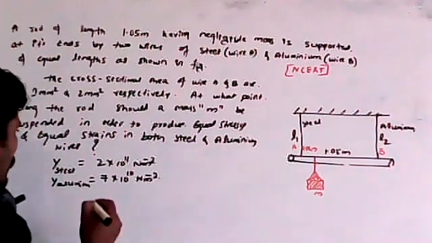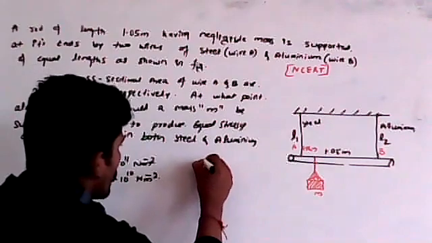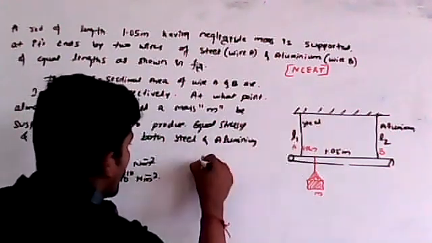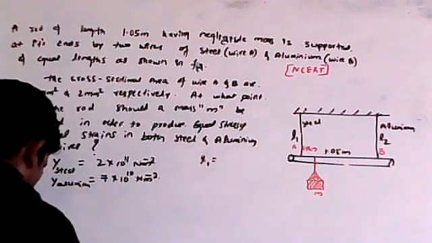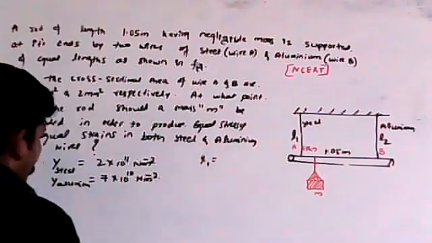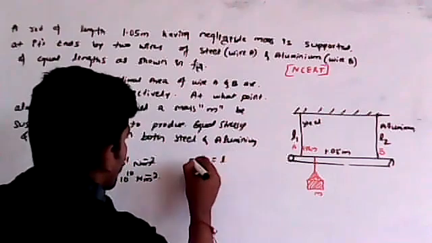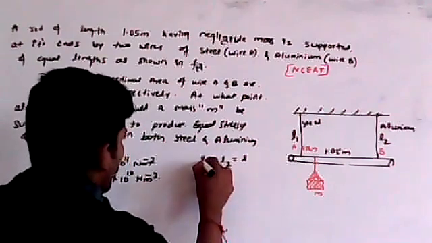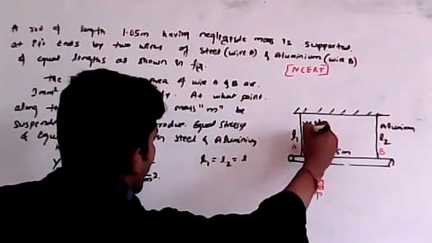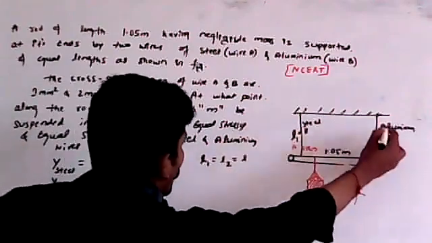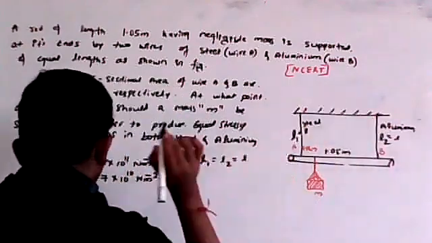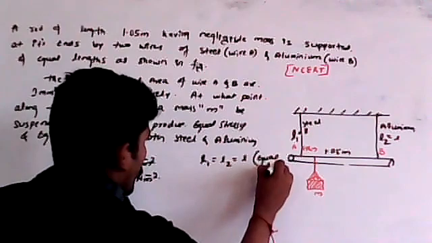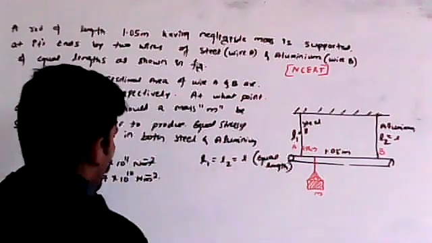Just try to understand. Before going to that, let me write the length of the steel wire. They already gave that the length is equal. So we can write L1 is equal to L2 is equal to L. It means both have length L, because equal length they told in the problem itself.